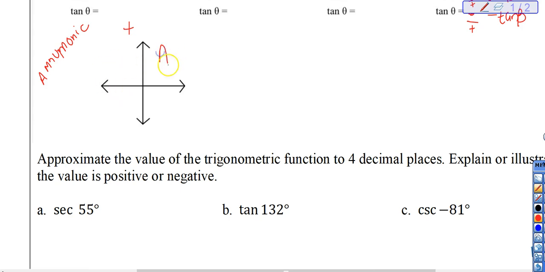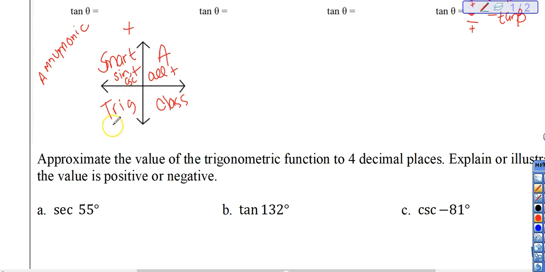It goes like this. A smart trig class. So what it means in quadrant 1 is that all the functions are positive. And in quadrant 2, sine and cosecant, which is its reciprocal function, are positive.